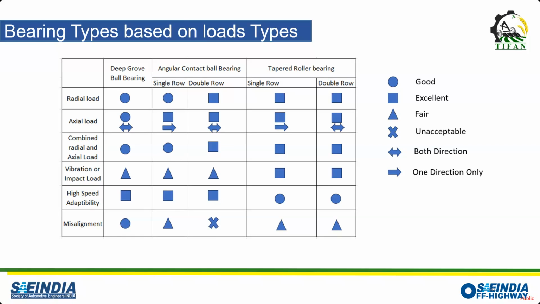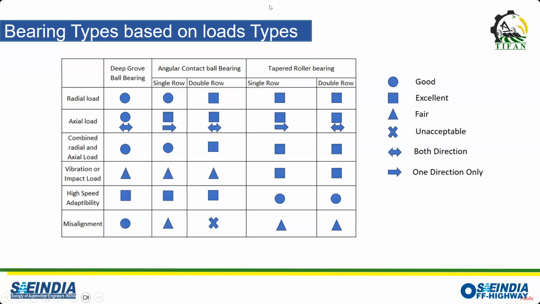The others are unacceptable, direction, both directions, and only one direction. To explain one of them, if there is a radial load acting, you can use all of these bearings: deep groove ball bearing, angular contact ball bearings, or taper roller bearings. They all work, right? Is that the only aspect I need to see?